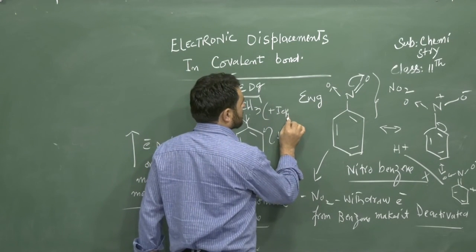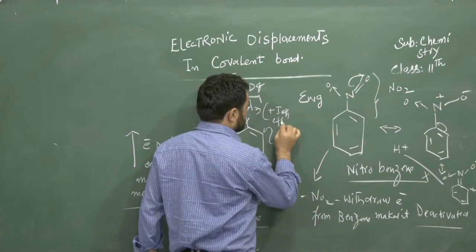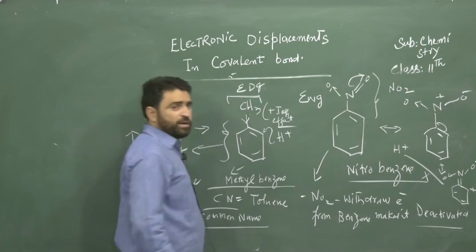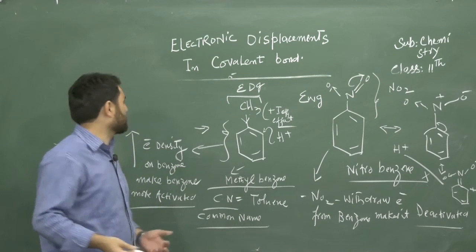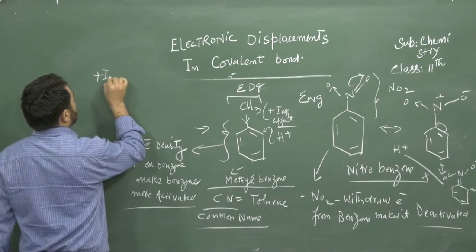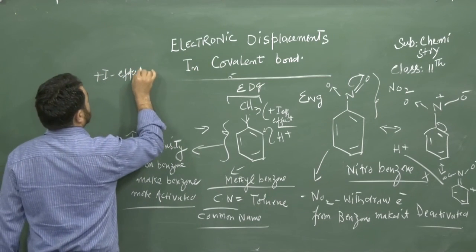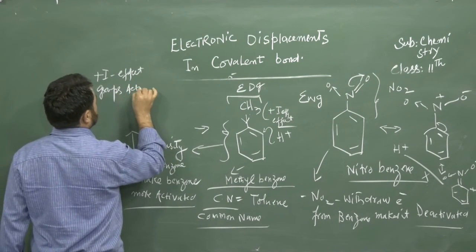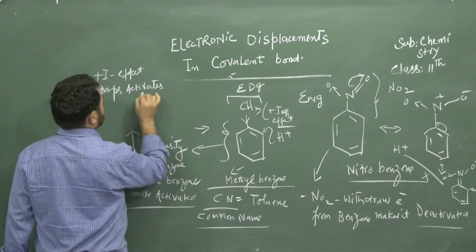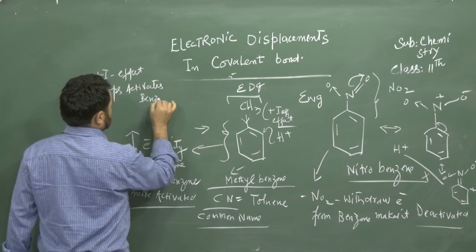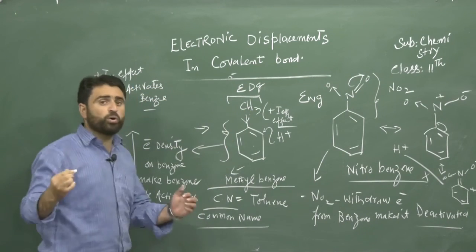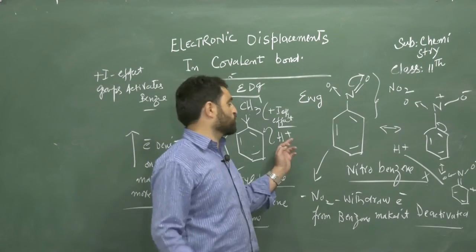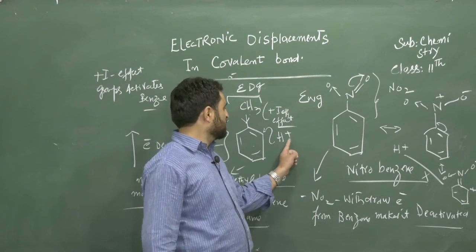Means H positive does not attack on this benzene when it is attached by an electron withdrawing group, but H positive will easily attack on the benzene when it is attached by an electron donating group, because the plus I effect increases electron density. Plus I groups activate benzene. Like methyl benzene is more activated. It activates H positive to attack on it because this needs electron.